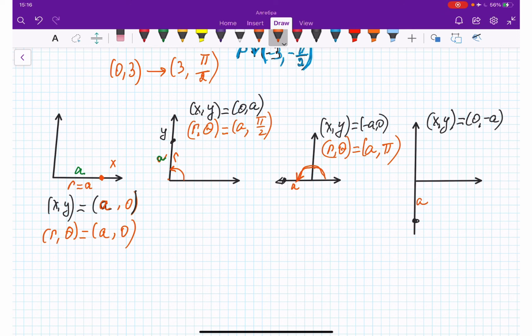And the angle is going to come around like this, which is 360 minus 90 degrees, which is 3 pi over 2, 270 degrees. So this is going to match (r, theta) equal to (a, 3 pi over 2).